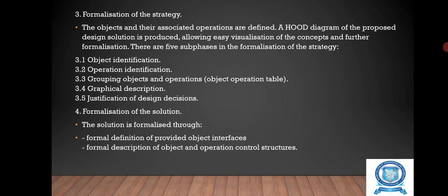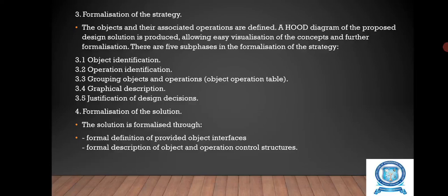That is, a HOOD diagram of the proposed design solution is produced, allowing easy visualization of the concepts and further formalization. There are 5 subphases in the formalization of the strategy: object identification, operation identification, grouping objects and operations, graphical description, and justification of design decisions.